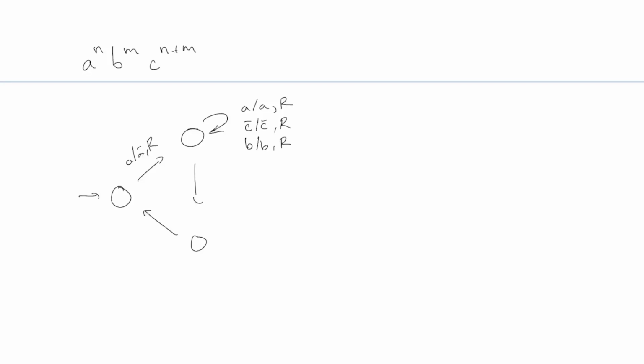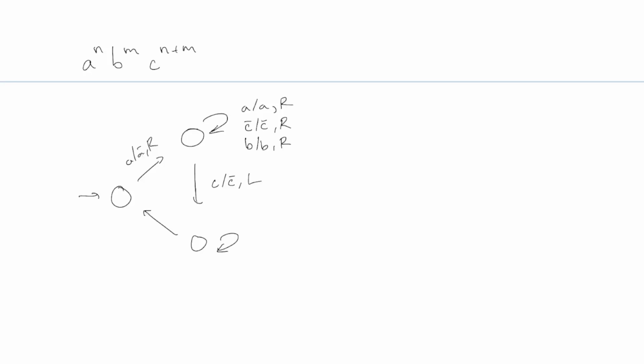Okay? Eventually, moving to the right here, we will make it to an unmarked C, which I then mark, and I guess I can start going to the left again at that point after having marked the first unmarked C. And now I put another looped edge here. Now I want to move myself all the way back to the beginning.